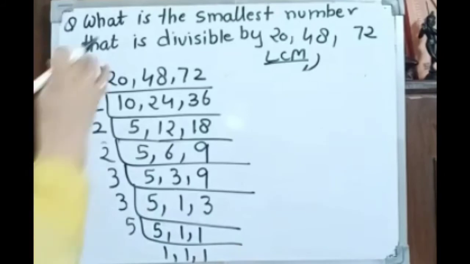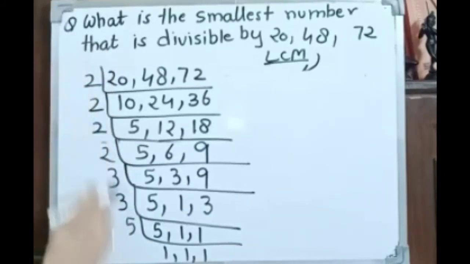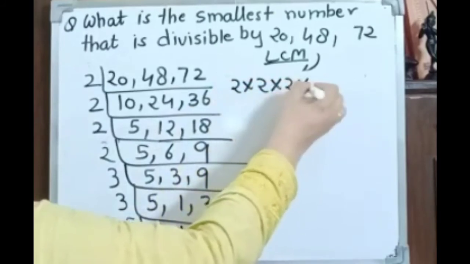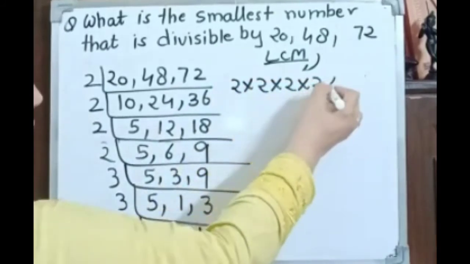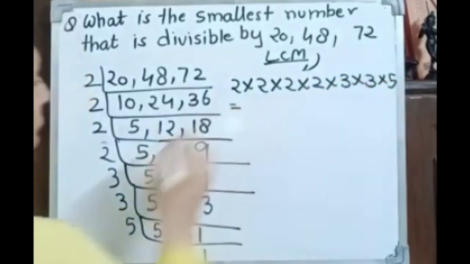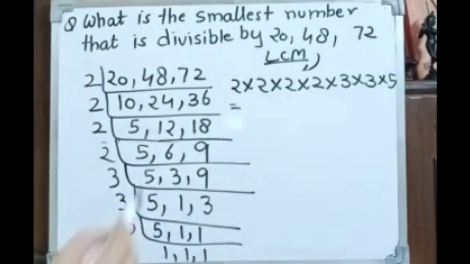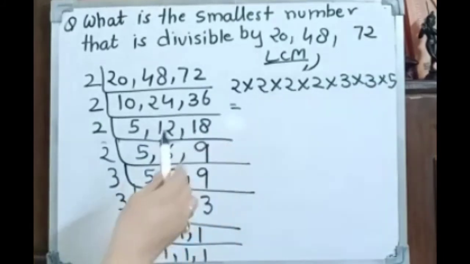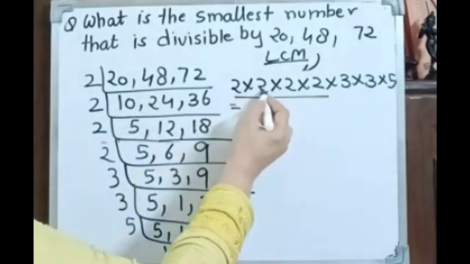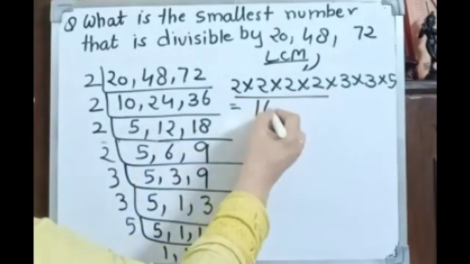Now to find the LCM, we have to multiply all these divisors. So we have 2 multiplied by 2, multiplied by 2, multiplied by 2, then 3, 3, 5. It is quite difficult to multiply all the numbers like that, so for your ease, you do one thing. Take all the 2's first: 2 twos are 4, 4 twos are 8, 16.